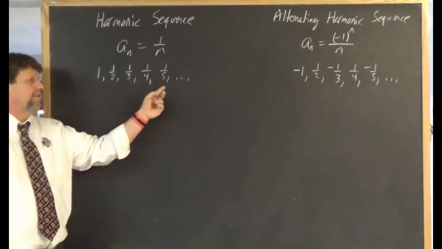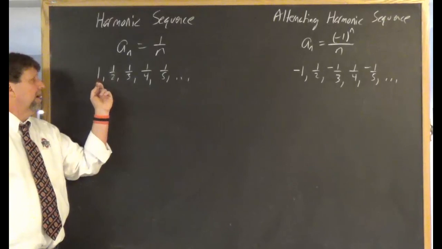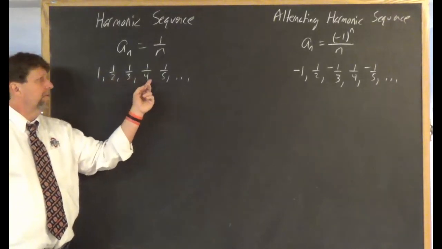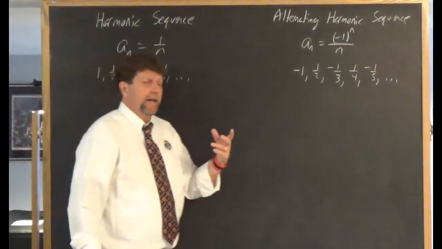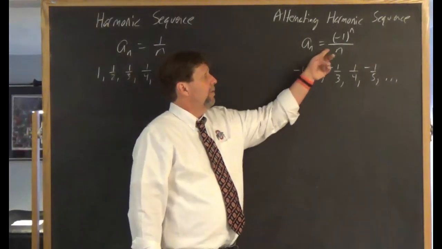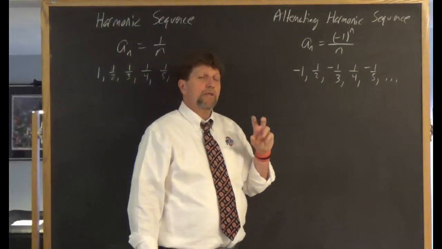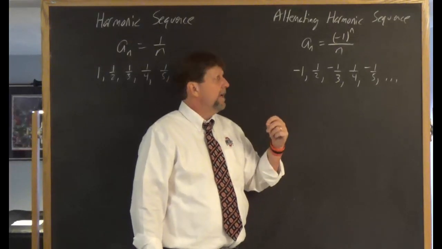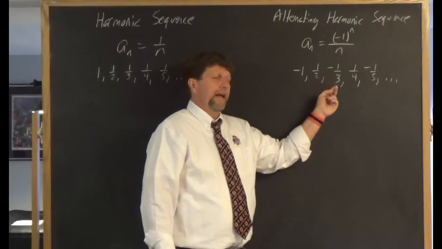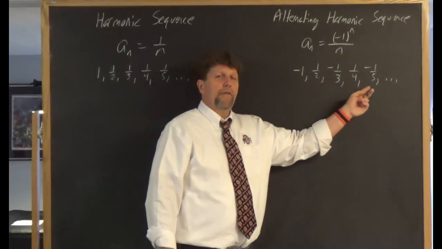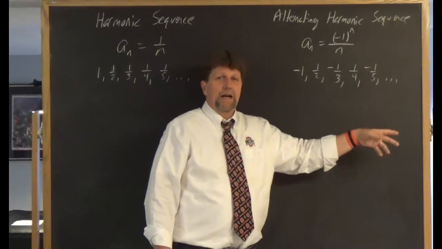I've listed the first 5 terms: 1, 1/2, 1/3, 1/4, 1/5, and so on. The alternating harmonic sequence, which I wrote down as a sub n equals -1 to the n over n, has first 5 terms -1, 1/2, -1/3, 1/4, -1/5, and so on.